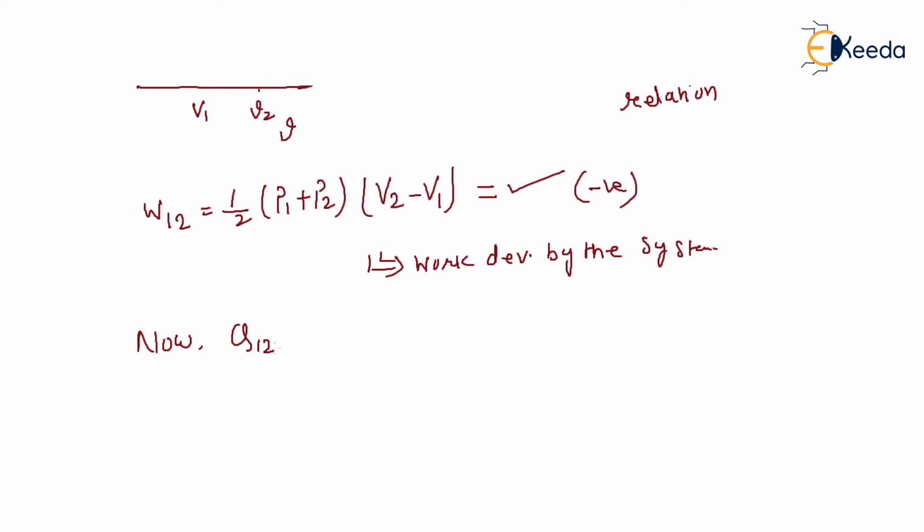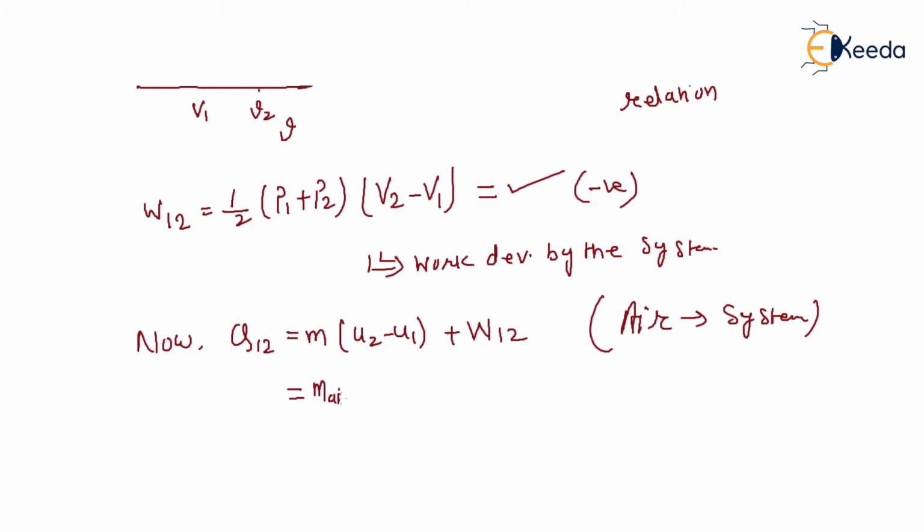Now what is the heat supply? Q 1 to 2 is m into U2 minus U1 plus W 1 to 2. Here air is our system. So mass of air, Cv of air, T2 minus T1, plus W 1 to 2. Why?